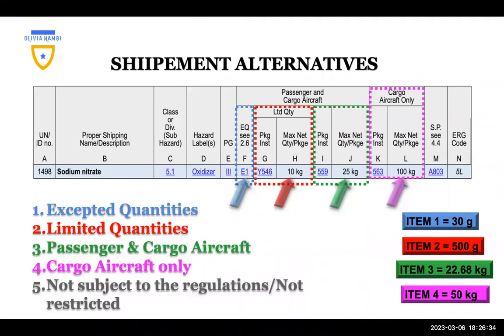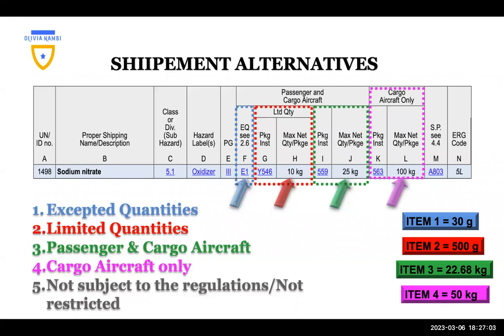All right, so the second scenario is that where an item or article is listed by name in the list of dangerous goods, but with the wordings not restricted across the applicable columns. These columns are column G and H, those ones for limited quantities. Columns India and Juliet, those are for passenger and cargo aircraft, but fully regulated shipments.